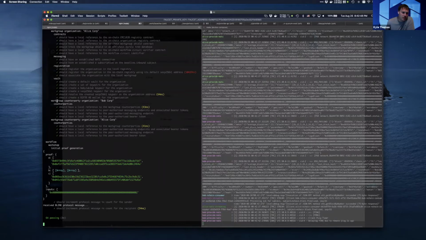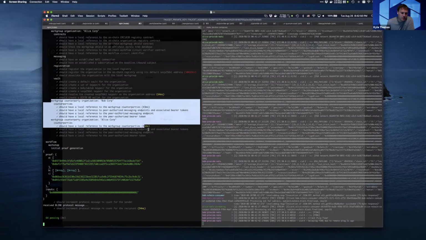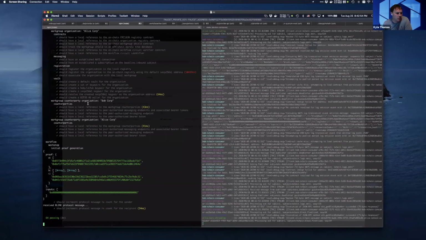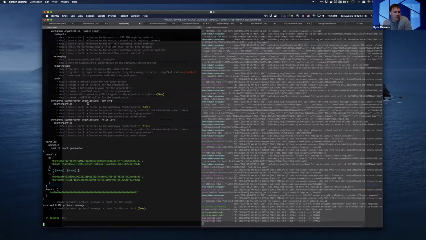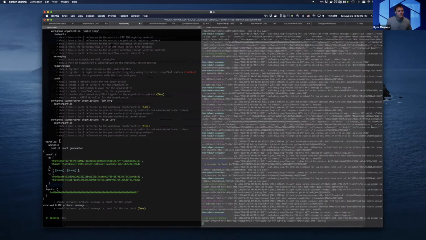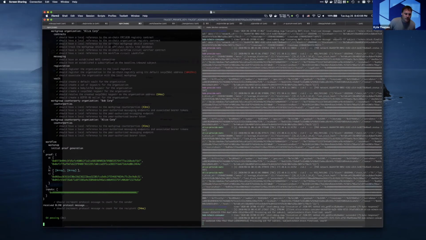And then here we make some additional assertions about counterparties, which is really a nice addition, where Bob has a local reference to Alice, and Alice has a local reference to Bob, and they can both talk over the Baseline protocol. And you see this initial proof generation workstep.